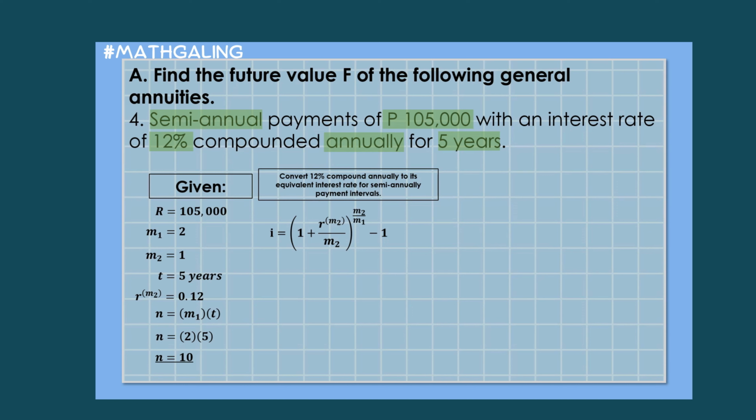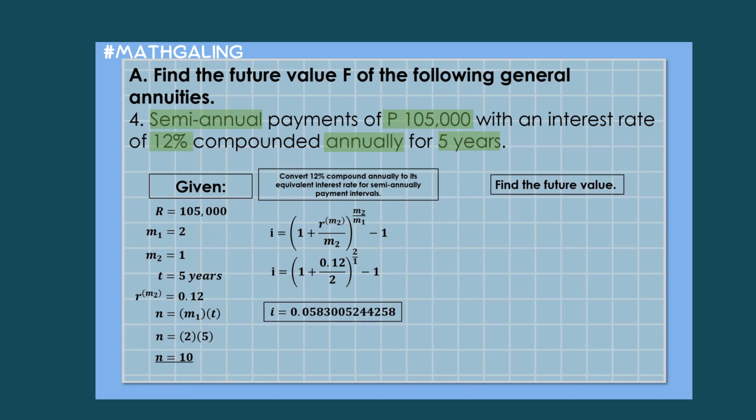And now let's convert it using R given. So it is now 1 plus 0.12 over 1 raised to the power of 1 over 2 minus 1. And the answer is 0.05830052442258. And now, after getting the interval, let us now find the future value.